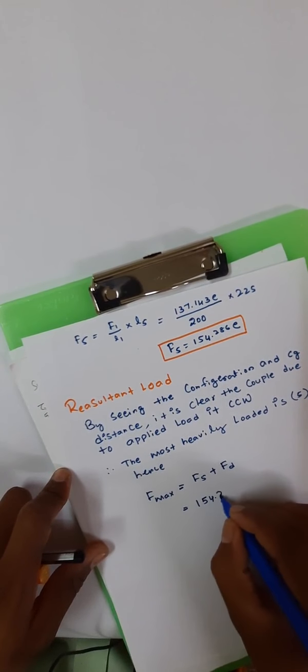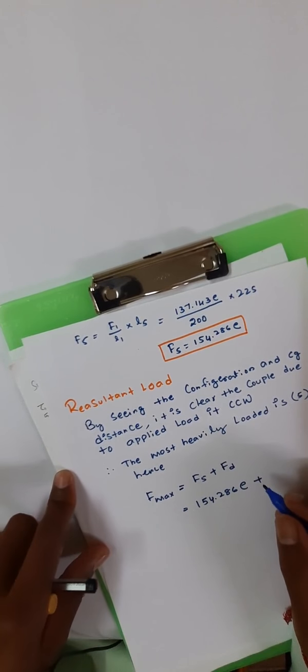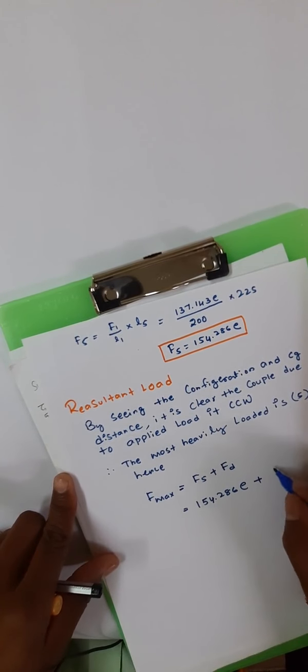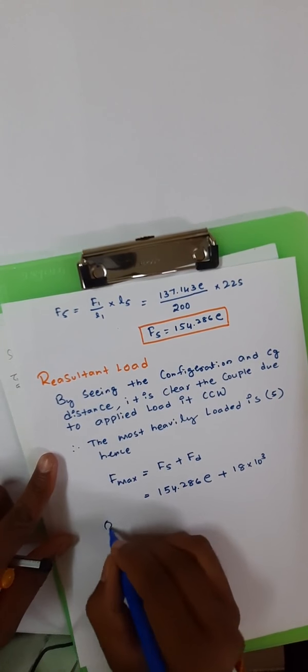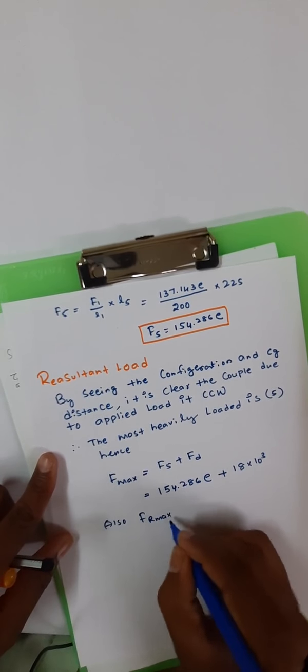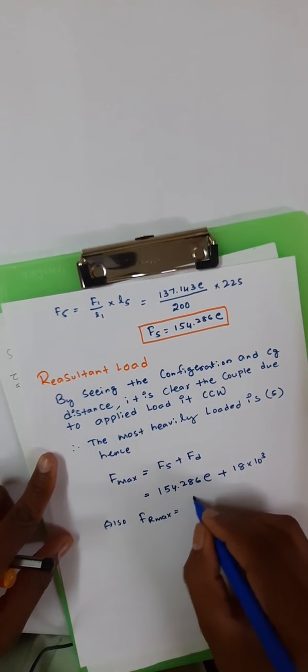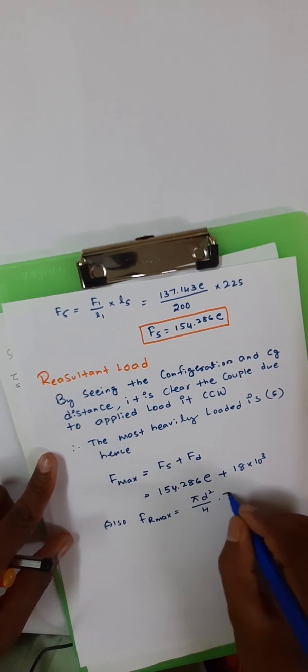So here F5 is 154.286 E plus Fd, which is 18 into 10 to the power 3. Also Fr max is equal to pi d square divided by 4 into tau.